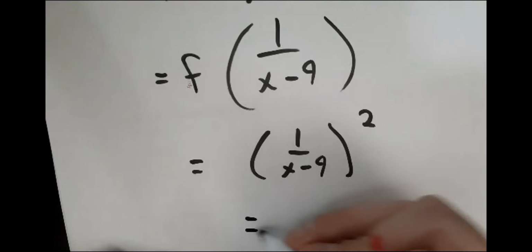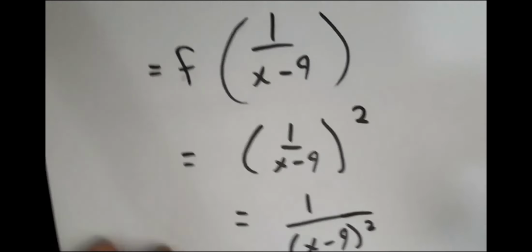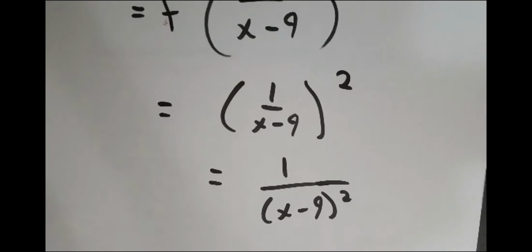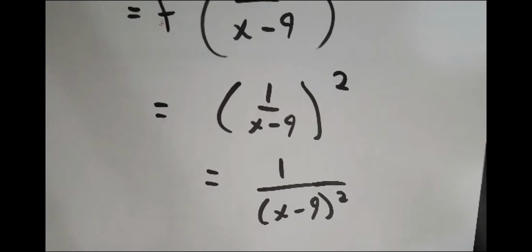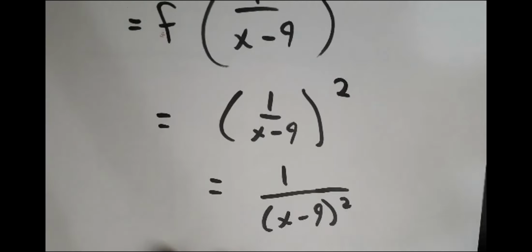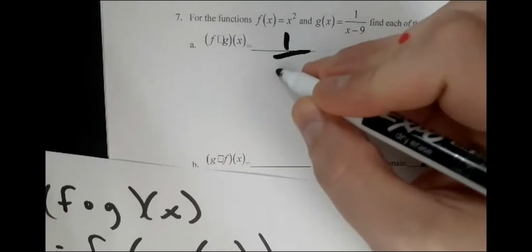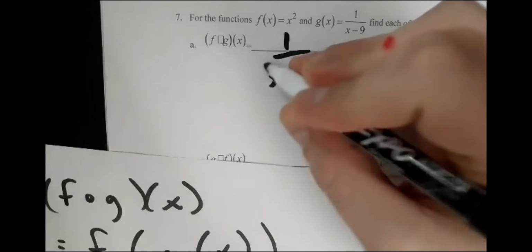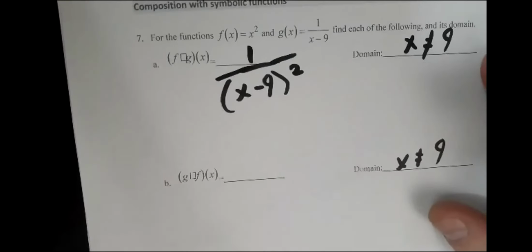I could probably simplify this a little bit. This is really the same thing as having the x minus 9 squared on the bottom if we write it out twice. One over x minus 9 squared is what this thing is giving me.